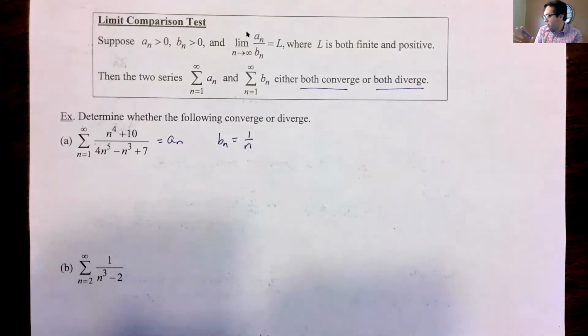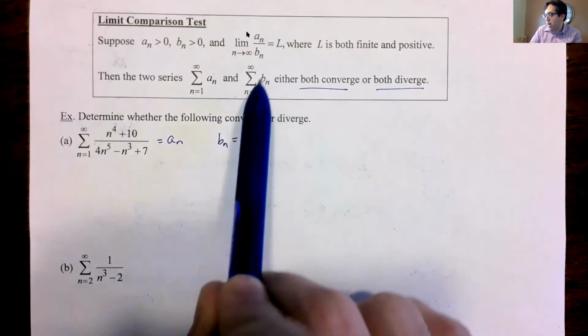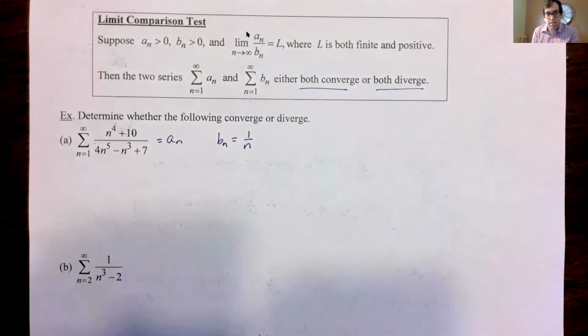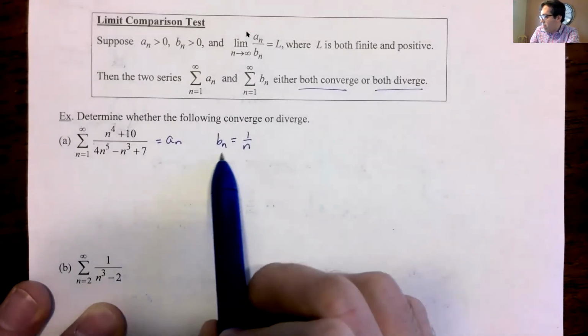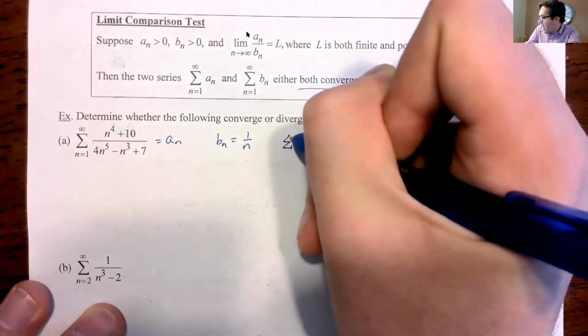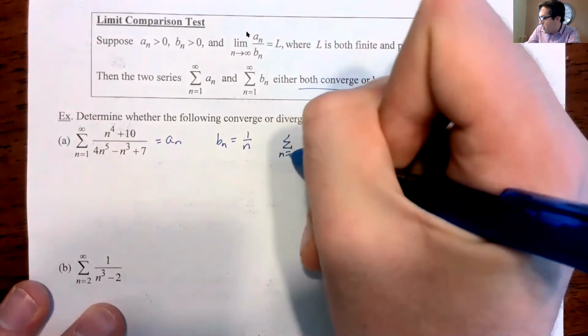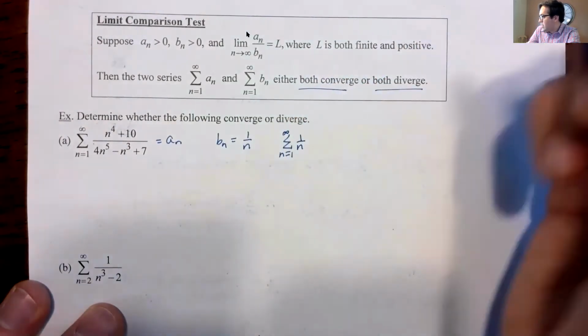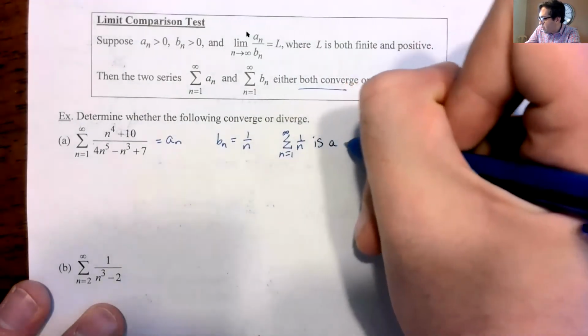And the reason we want to do that is because once we actually divide for this step with the limit, it's going to make nice things happen if we can cancel everything out except for one thing. So you'll see when we get there, but the idea is that we have a b sub n that's 1 over n, and I know things about that series. So if I go n equals 1 to infinity of 1 over n, this is a divergent p-series.